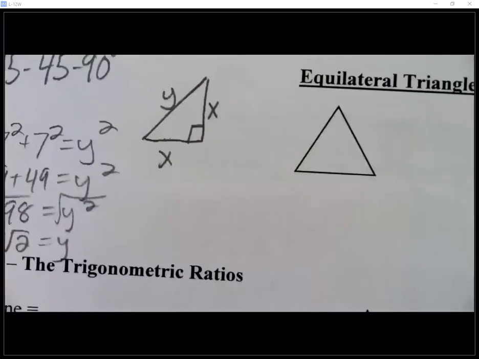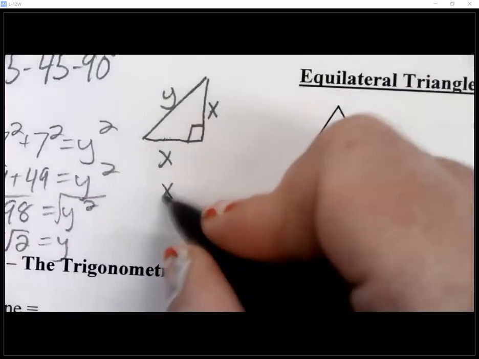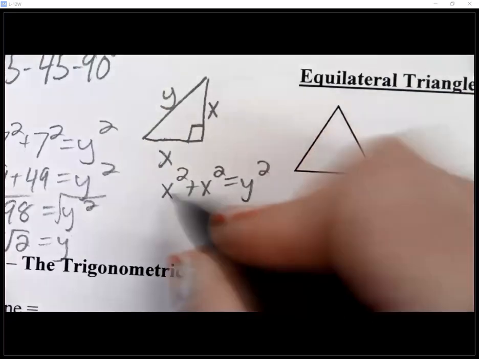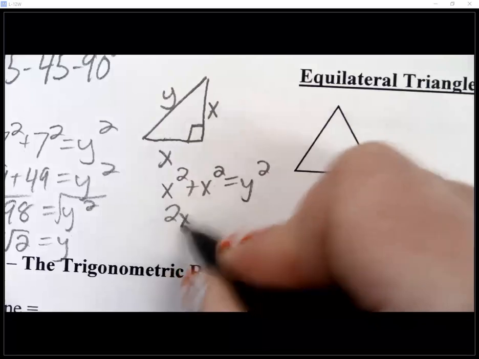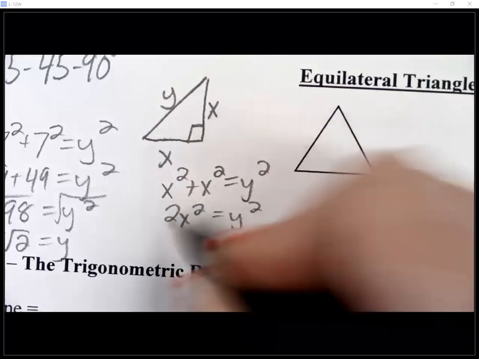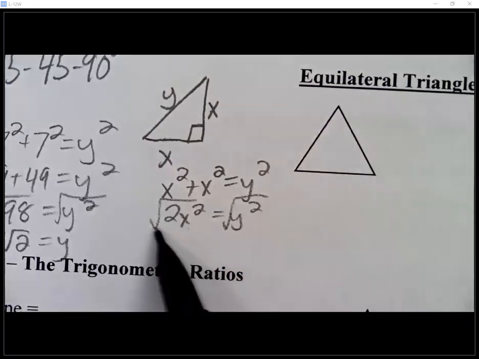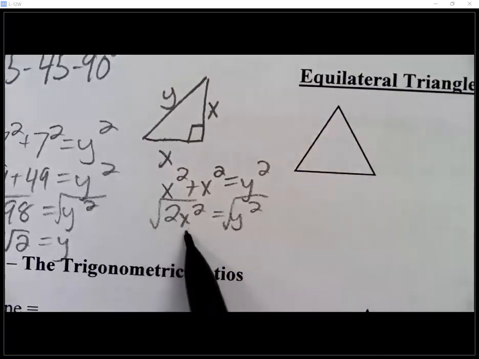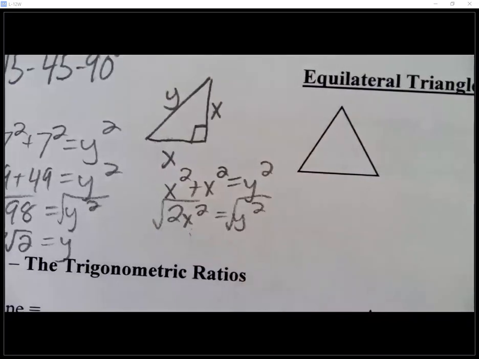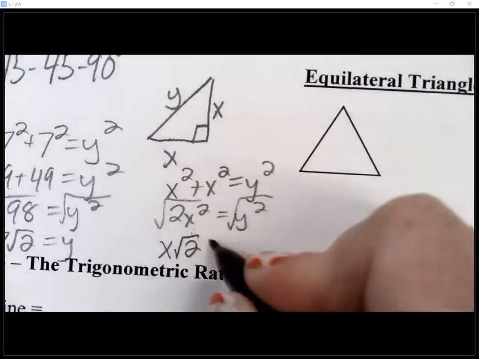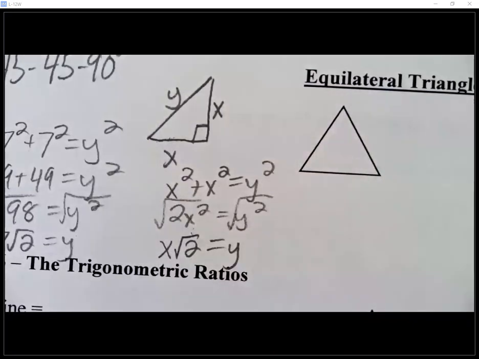If I do X squared plus X squared equals Y squared, I get 2X squared equals Y squared, square root both sides. What's the square root of 2X squared? X root 2, because X squared is a perfect square that I can pull out, so that would just be X root 2.